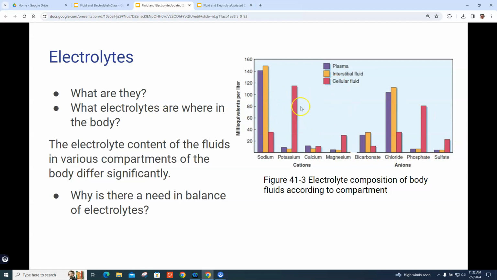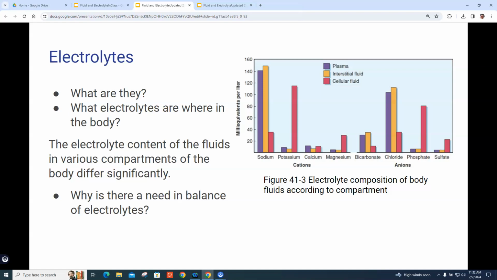So it's showing you in which compartment each type of electrolyte is found and where it's more abundant. It's a nice visual if you're a visual person, but it's important to know where each electrolyte is found and what compartments they're found in.